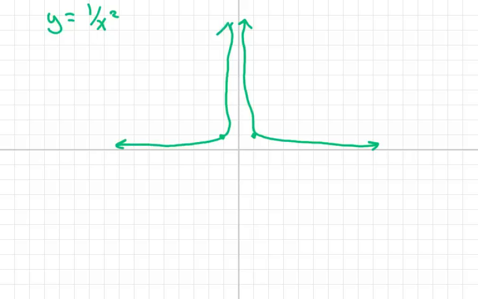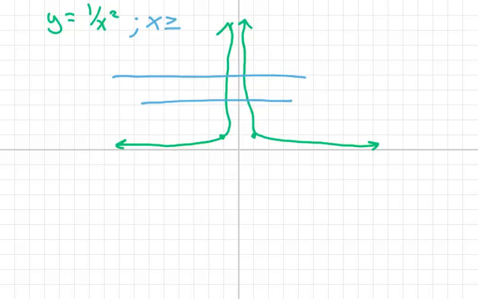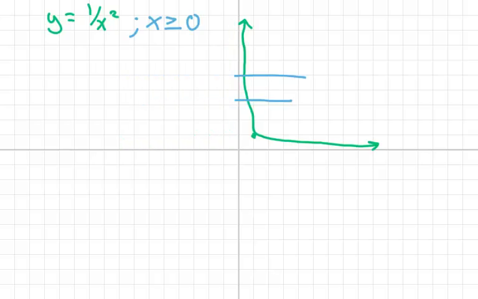What happens here is this function is not 1-to-1 because it doesn't pass the horizontal line test. So what we're going to do is restrict the domain to x must be greater than or equal to 0. And what that does is it takes away this one so we can actually do the inverse. I'm going to erase this part.